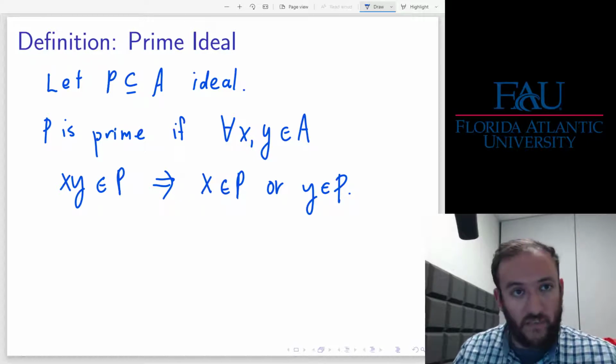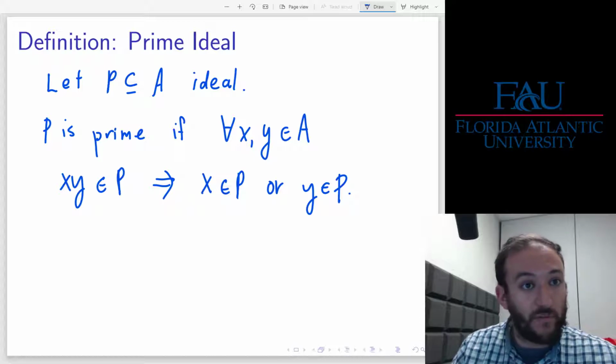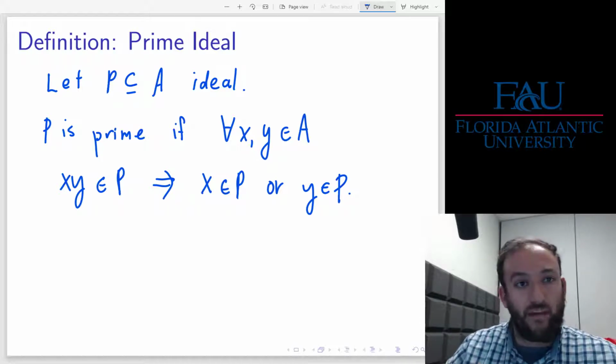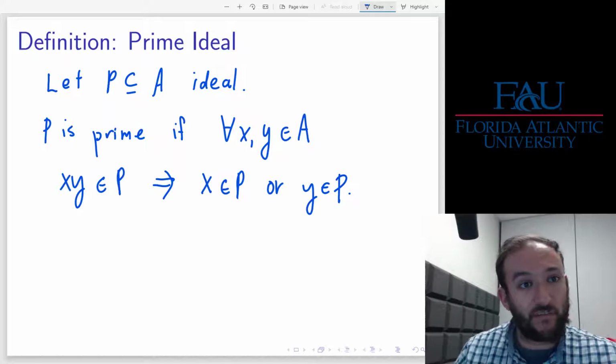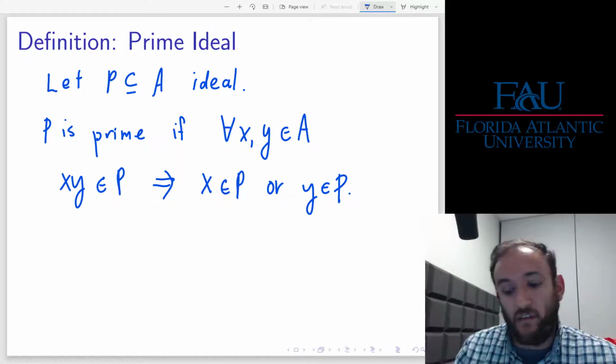This comes obviously from the prime numbers among the integers. Whenever you have a product with a prime factor, that had to be found in one of the initial factors.